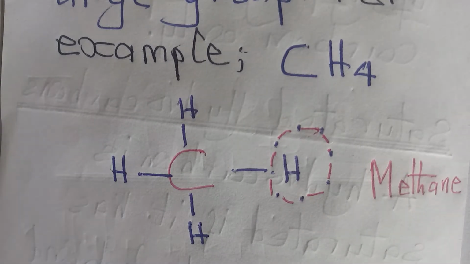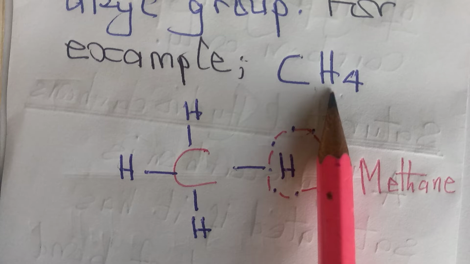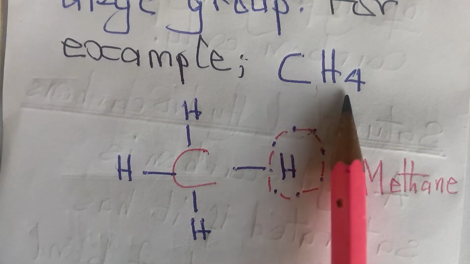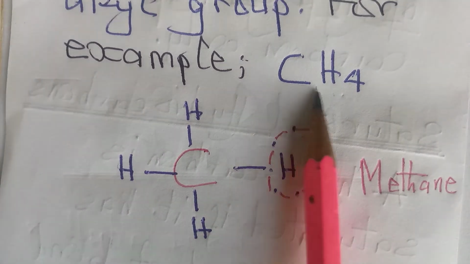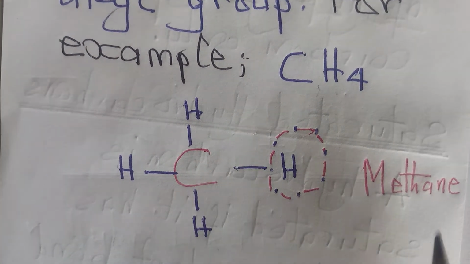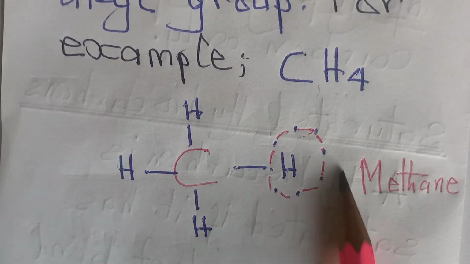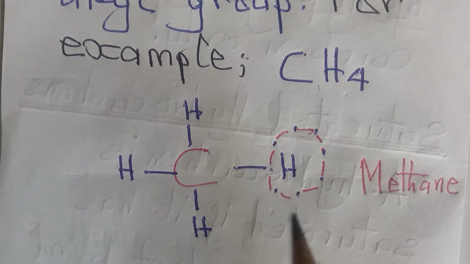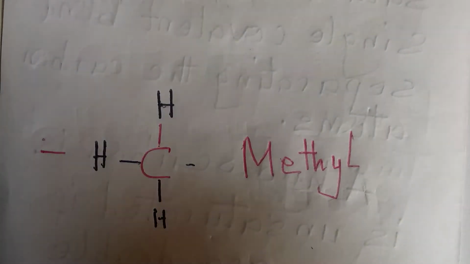For example, look at this simple compound, CH4. This compound has both molecular and structural formula. This is the molecular formula, CH4, and this is the structure. Now, this compound is called methane. Let's assume this methane loses this hydrogen atom. Then it will now look like this.